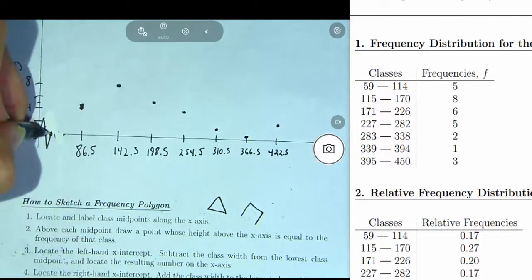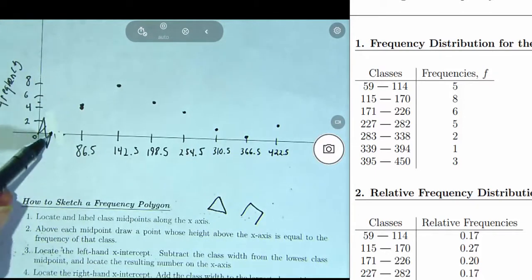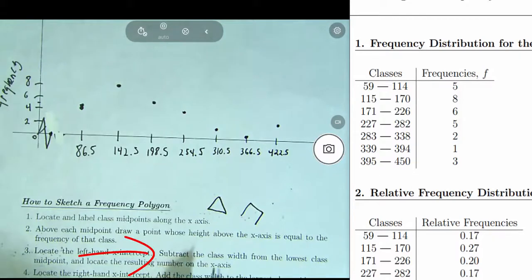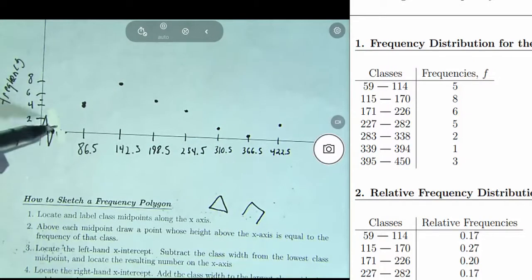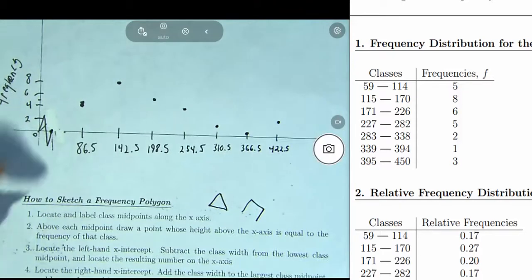So, in fact, how far below 86.5 is this point? Well, a distance of the class width. So all we need to do is subtract the class width from the lowest class midpoint, 86.5, and then we'll have the value of this leftmost intercept. Recall that the class width for this distribution is 56.